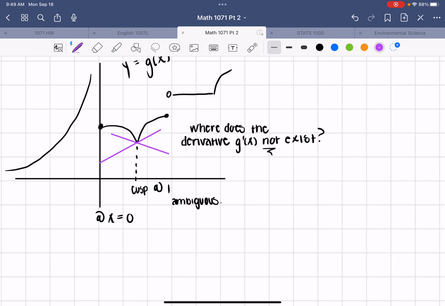Here at 2, there's a problem, because you got a gap. Again, it's ambiguous. Maybe on the left it looks like this, but on the right it looks like that. So again, it's ambiguous.